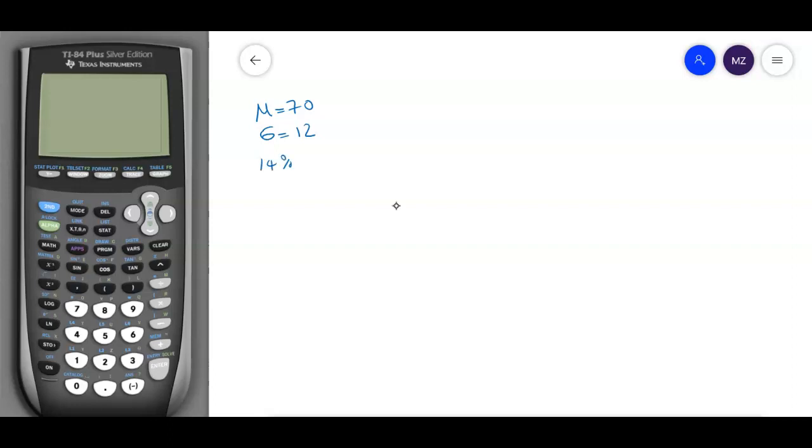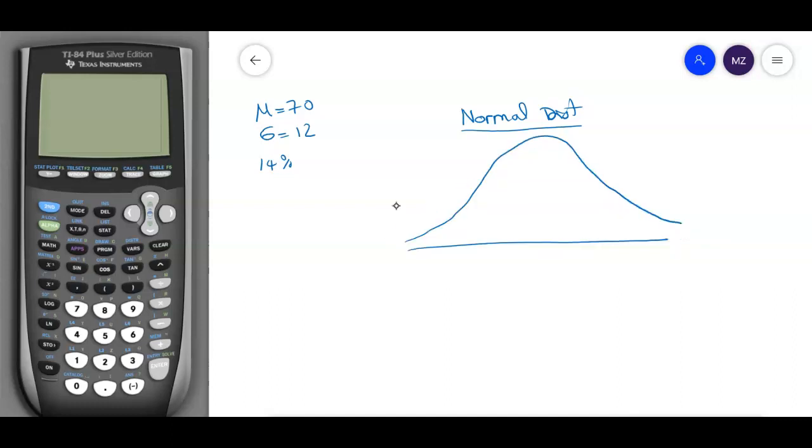We are working with a normal distribution function, which is a bell shape. We know that because they say just normal distribution, so this is going to be the x axis, and the middle here is 70. The sigma is 12.